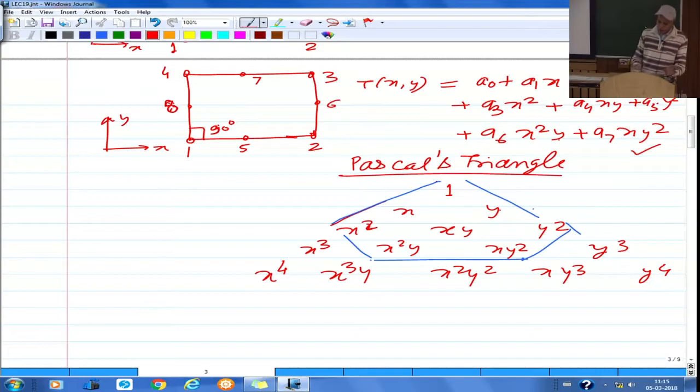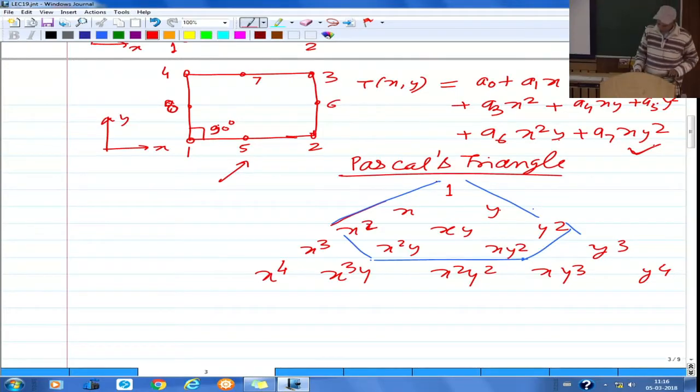Now let us say that you wanted to add one more node to this element, that is, instead of 8 noded you want to have a 9 noded element with the 9th node at the centroid of this element. In that case, which term will you choose? You will have to add one more term in this approximate solution.